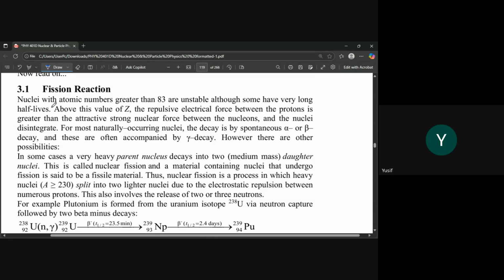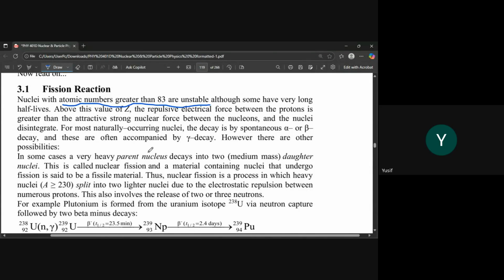So nuclei with atomic numbers greater than 83 are unstable, although some have very long half-lives.